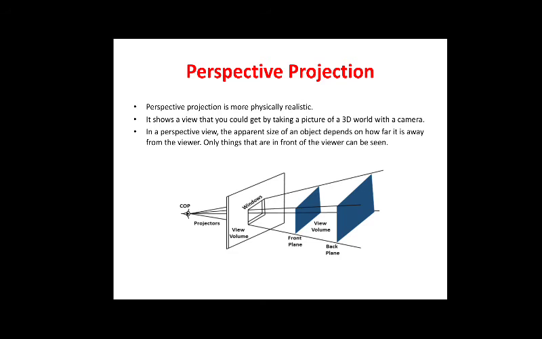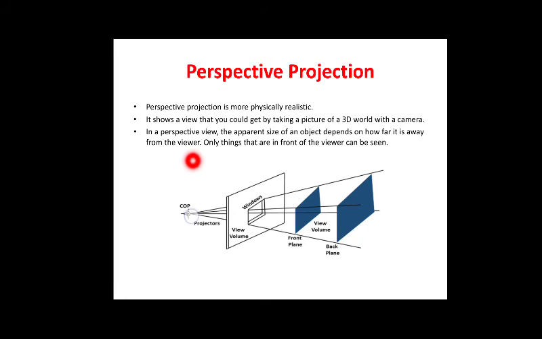This property is maintained in this projection. The lines of projection are not parallel here. You can see that these lines, starting from the center of projection, are not parallel. All projection lines end at a single point, which is called the center of projection. That is nothing but, you can say, a human eye.